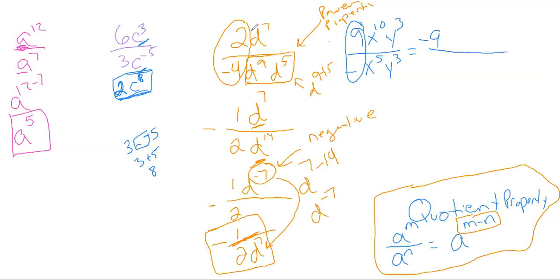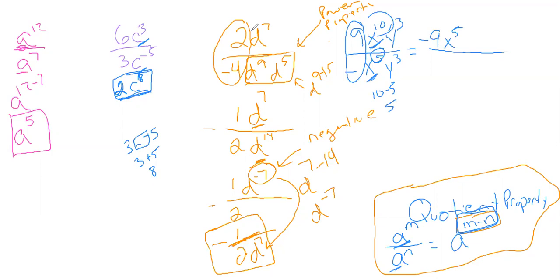Now we look for the quotient property. Quotient property says that if bases are the same, we subtract those exponents. Well, guess what? I have an x and an x, and the bases are the same, so we subtract them. What is 10 minus 5? Well, 10 minus 5 is 5, so I write x to the 5th power.